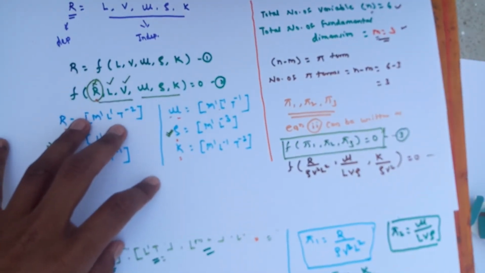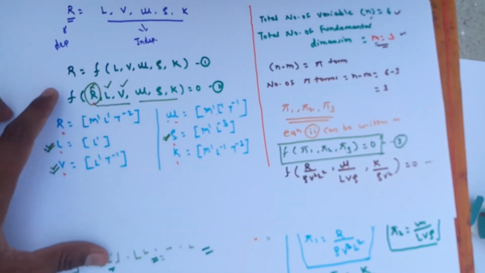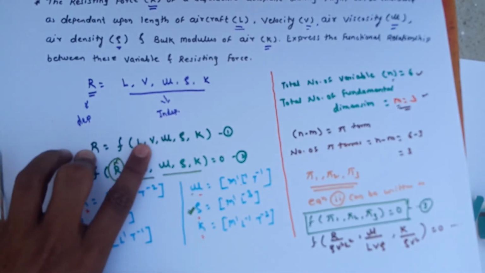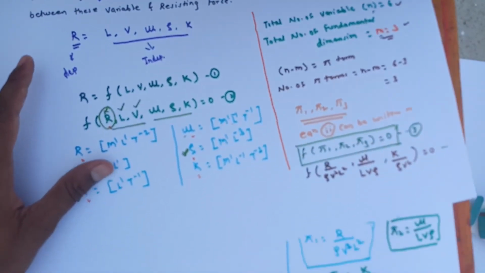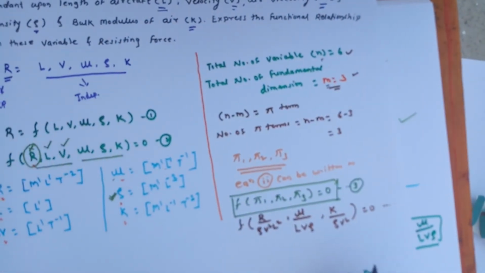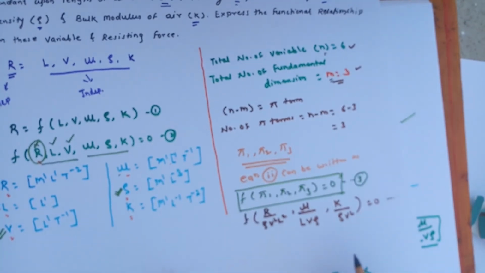As this Buckingham pi theorem is used for determining the correlation between dependent variable and independent variables, the dependent variable is nothing but r, and the independent variables are nothing but all the remaining terms. So here we know that pi 1 will be a function of the remaining terms.